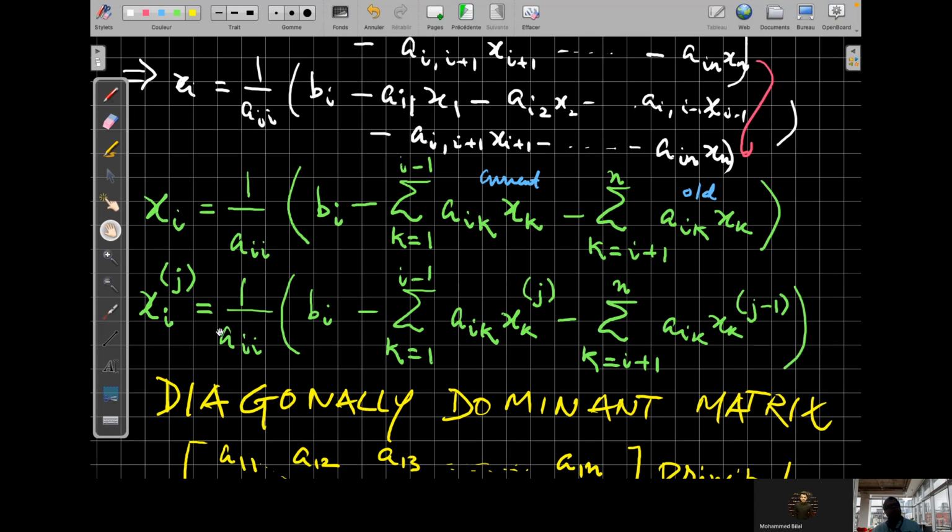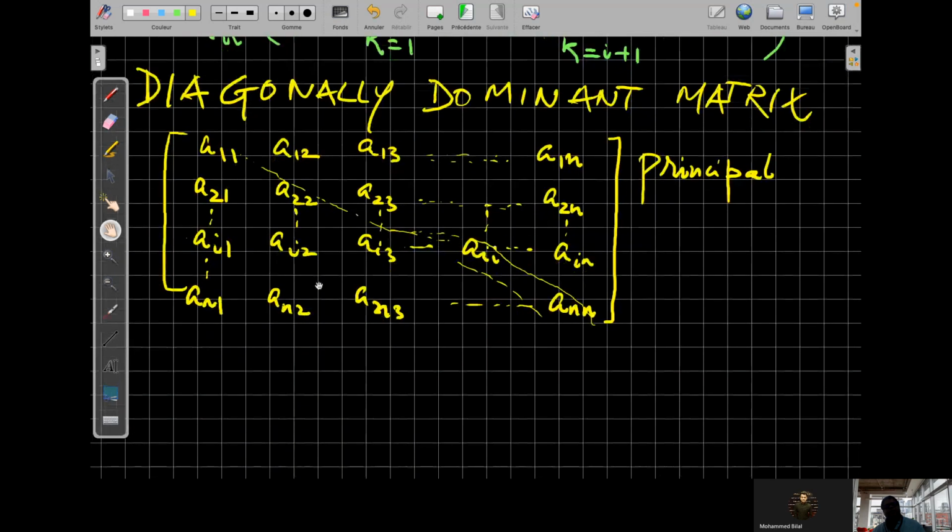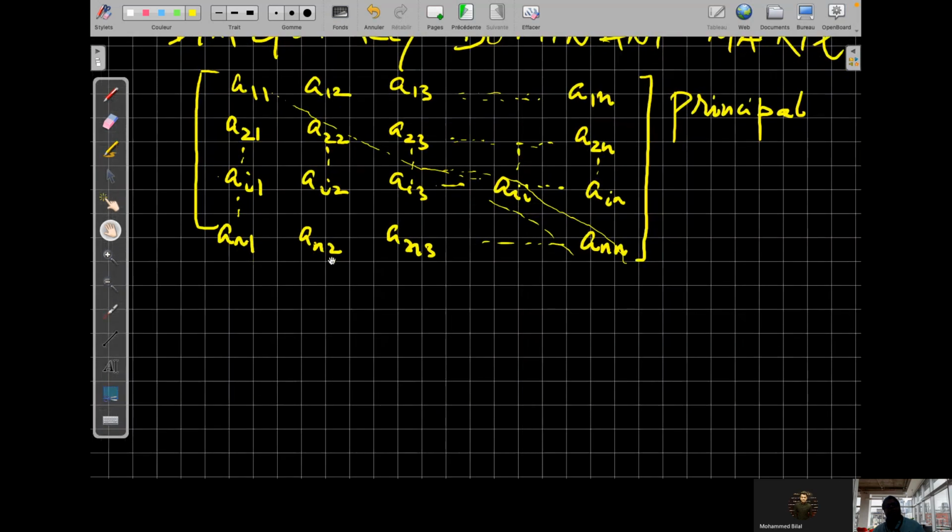If I've got a smaller denominator, this is going to be a larger number. And so it should not lead into any confusion. So that's the reason why it has to be a diagonally dominant matrix. It is a mathematical requirement for all the equations here.